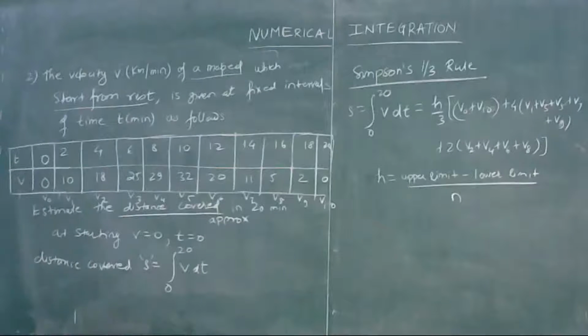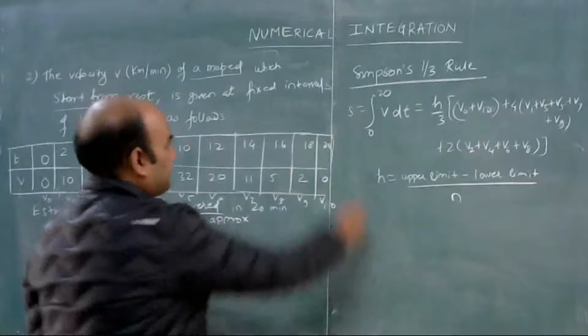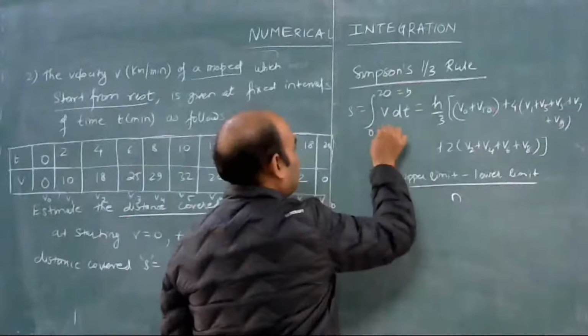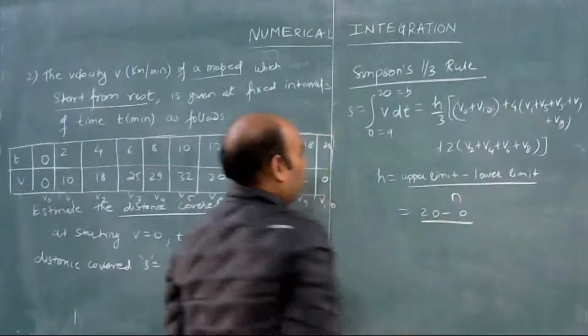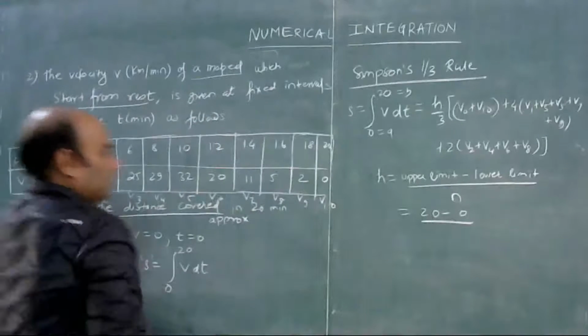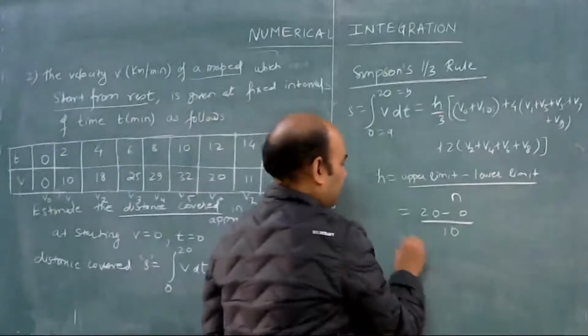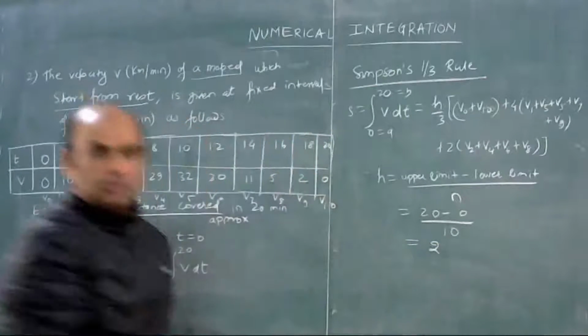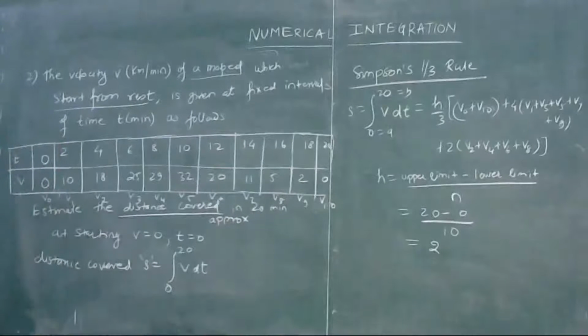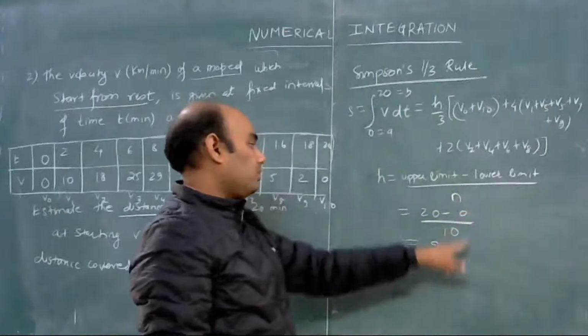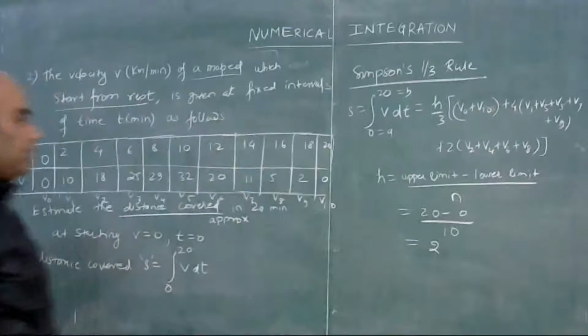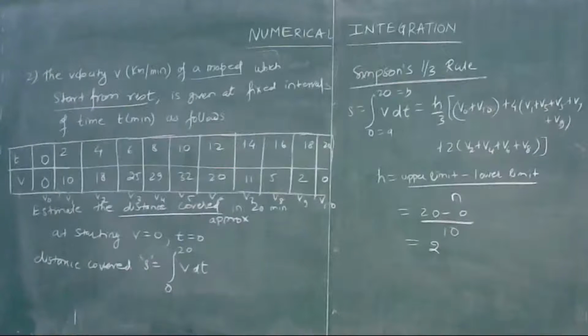So upper limit is 20 and lower limit is 0, divided by the number of intervals, which is 10. So this will be 2. Very good, Tushar.